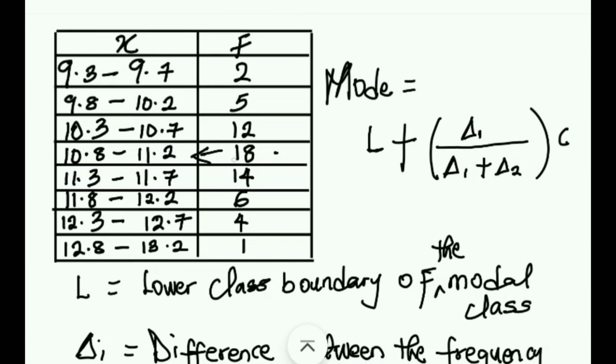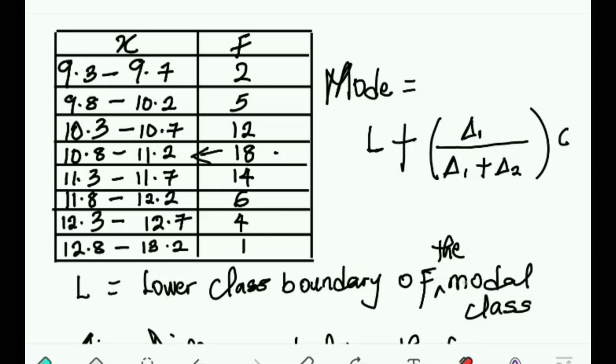In this case, the frequency of the modal class is 18. The class before is 12. So the difference between 18 and 12, that's what the first change is.